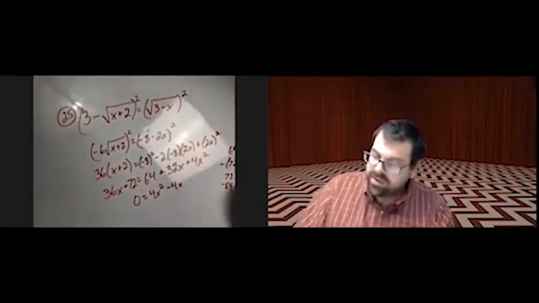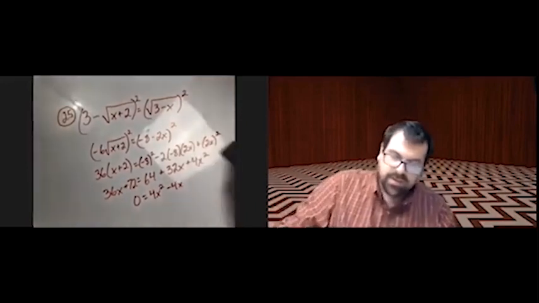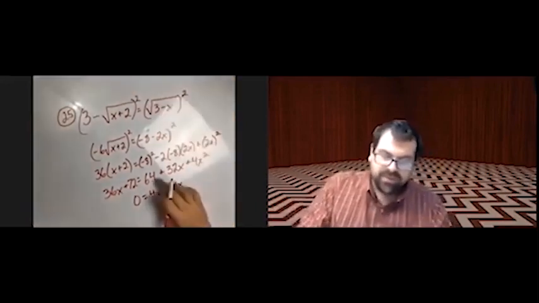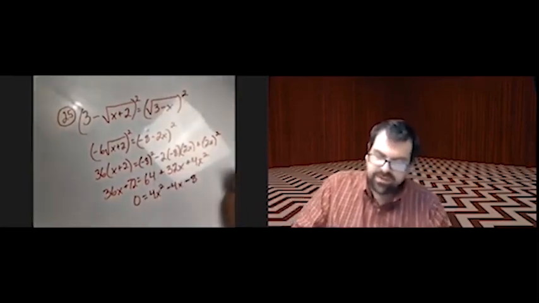I'm just doing that math off to the side, nothing you'll have to copy. That's 8. So positive 64 minus 72, that's negative 8.